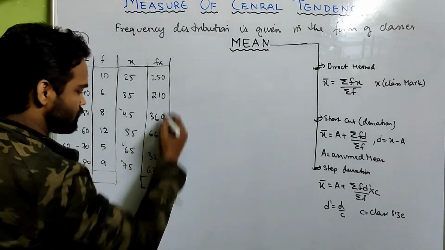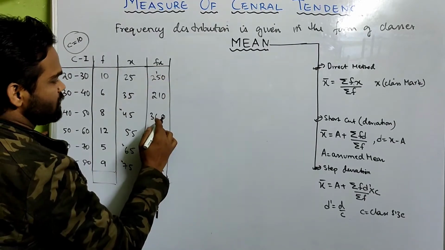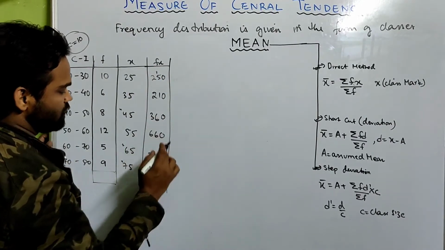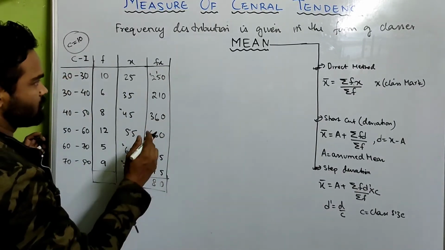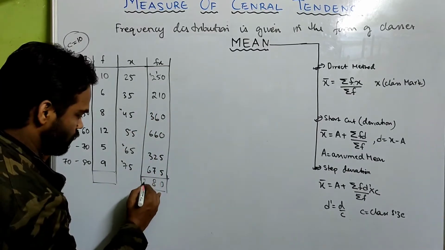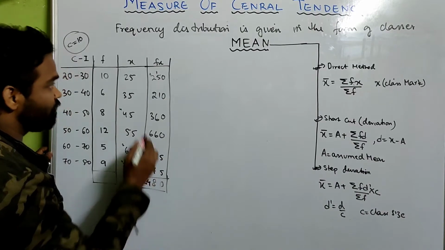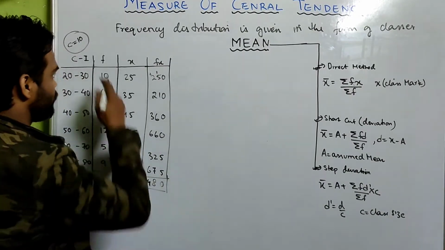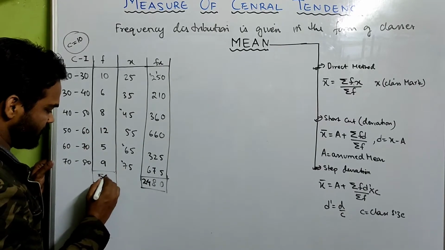So your sigma fx is coming as 2480, and f, when you add, 20, 30, 50.